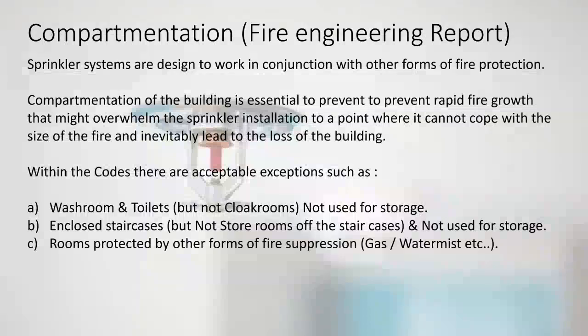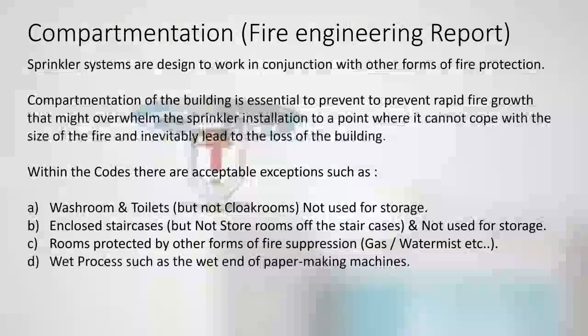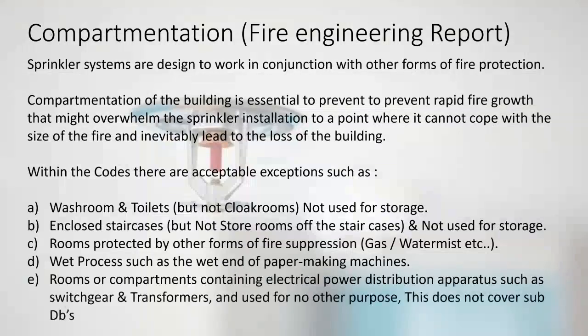Rooms protected by other forms of fire suppression, so that'll be gas, water mist, etc. Wet processes, such as end-of-line paper making machines. Rooms or compartments containing electrical power, such as switchgear, transformers, and used for no other purpose. It does not cover distribution boards.